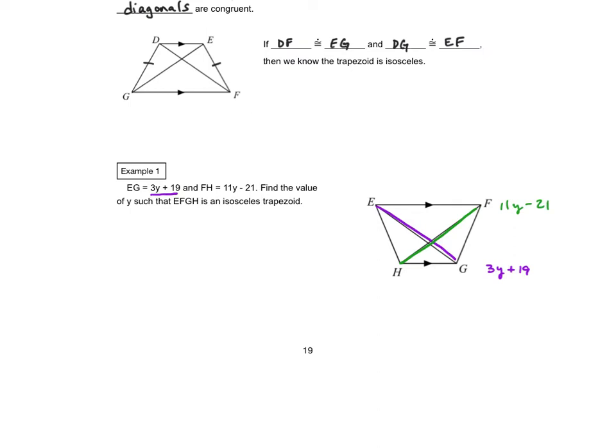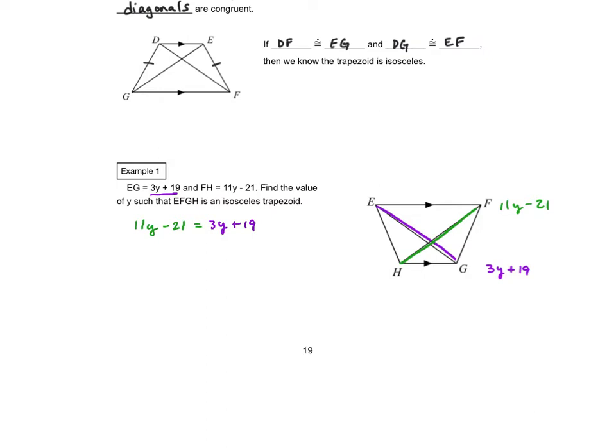Find the value of y such that EFGH is an isosceles trapezoid. Well, if it's an isosceles trapezoid, then we know that our diagonals are going to be congruent, which means the measurements are equal to each other. So I could have 11y minus 21 is equal to 3y plus 19.